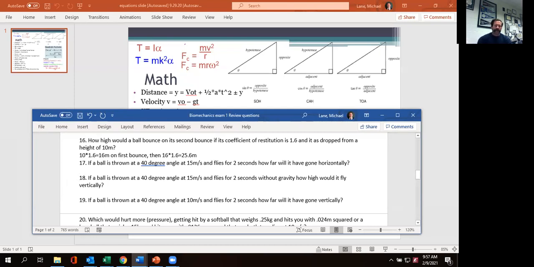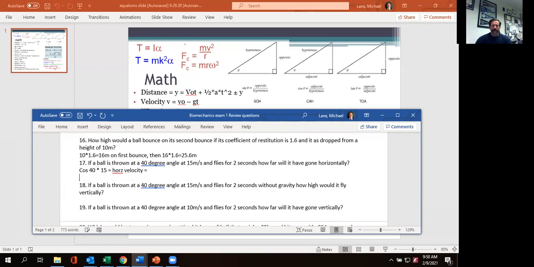Bingo. So we're going to take the cosine of 40 and multiply that by 15. And that's going to give us our horizontal velocity, which we'll figure out in a few moments.